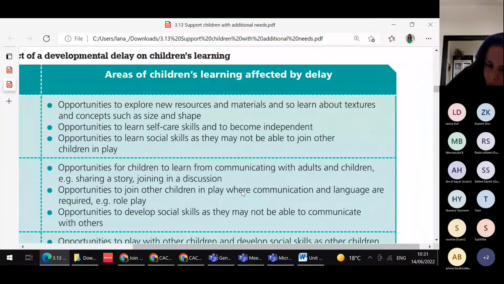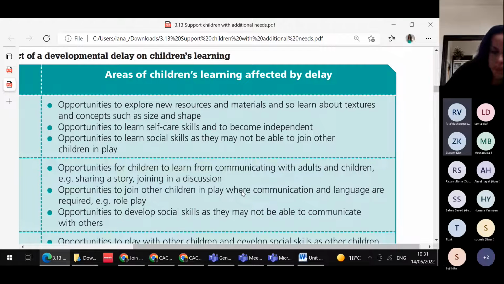It will affect his health. He may be overweight. Yes, the ability to run and play like other kids, chase a ball. Which area of development will be affected?